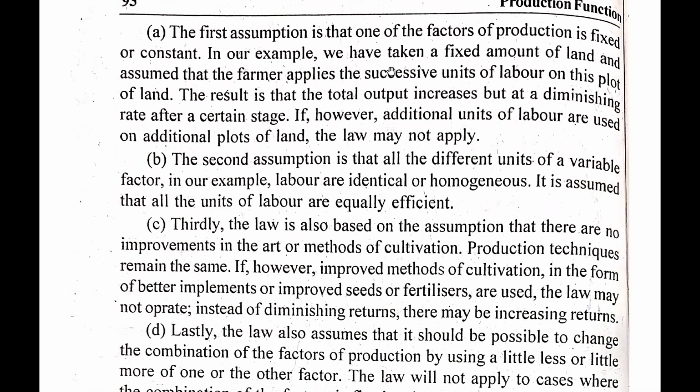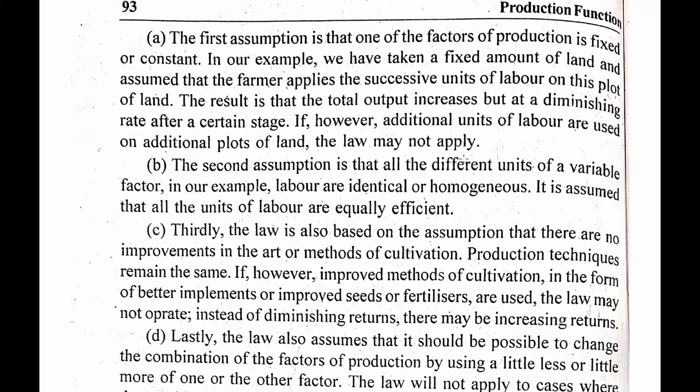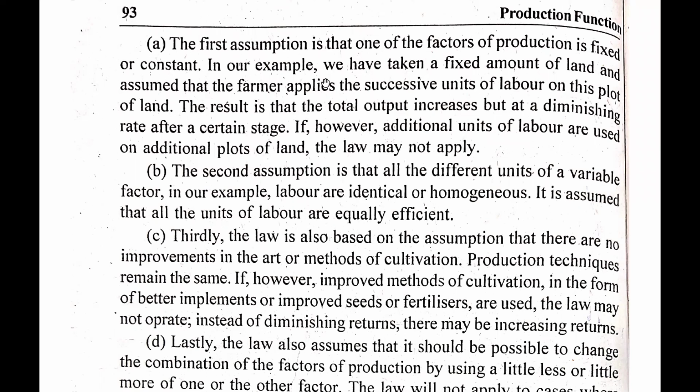In our example, we have taken a fixed amount of land and assume that the farmer applies successive units of labor on this plot of land. The result is that the output increases but at a diminishing rate after a certain stage. If, however, additional units of labor are used on additional plots of land, the law may not apply. So guys, to prove this law, there must be one variable as a fixed variable.